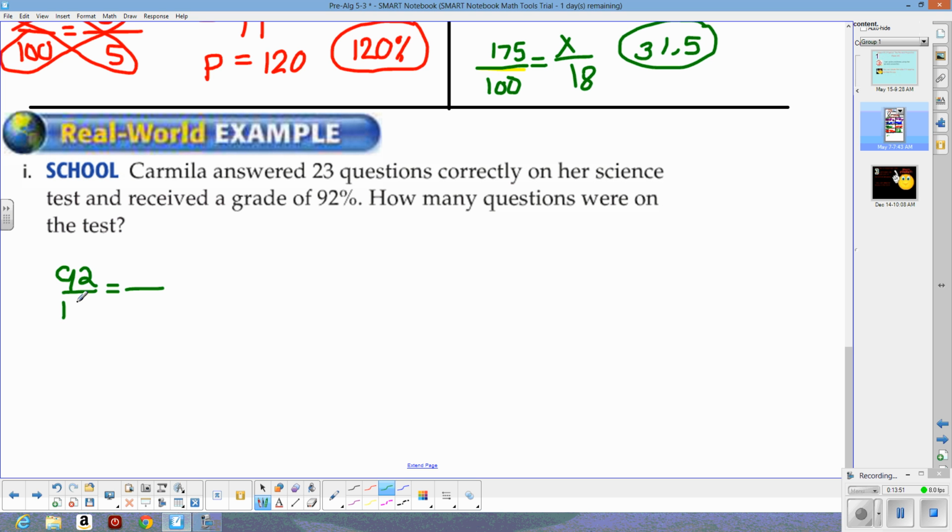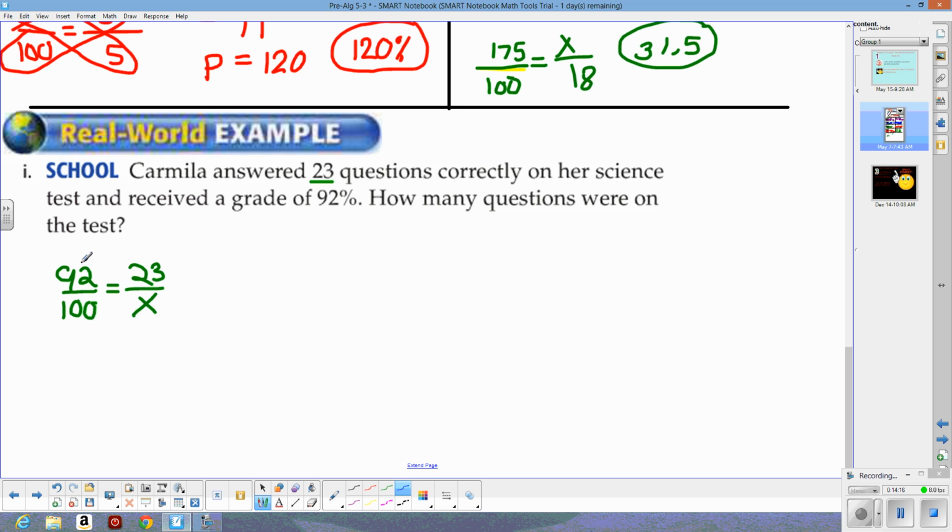That always is going to be placed over 100. And then the other piece of information we know is that she answered 23 questions correctly. So you have to ask yourself, is that the part or the whole? Well, if she answered 23 questions correctly, that's just the part that she got correct. We want to know how many were on the whole test, so your variable is going to be in the bottom.